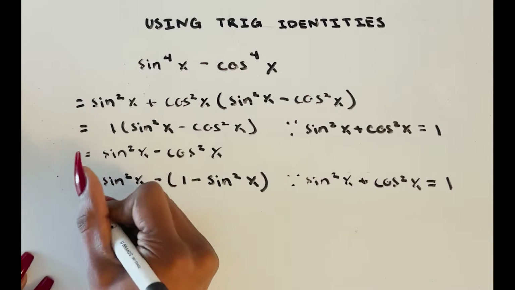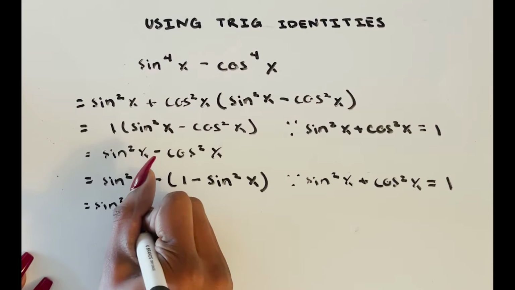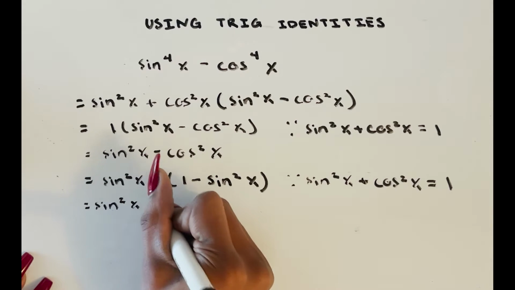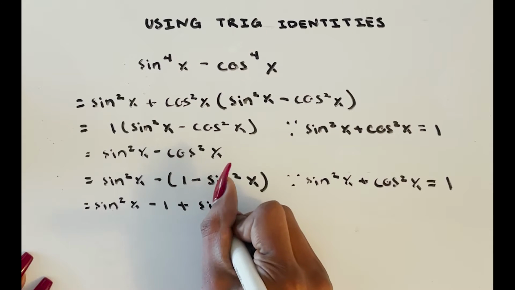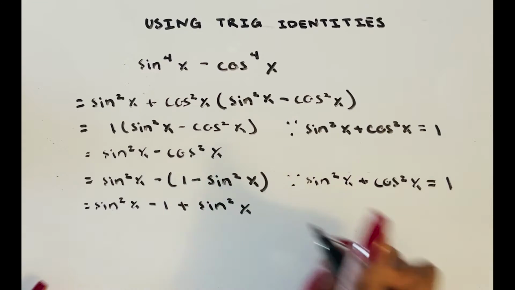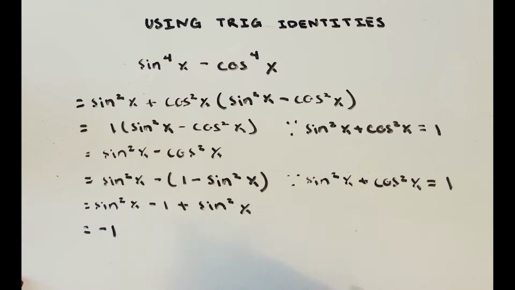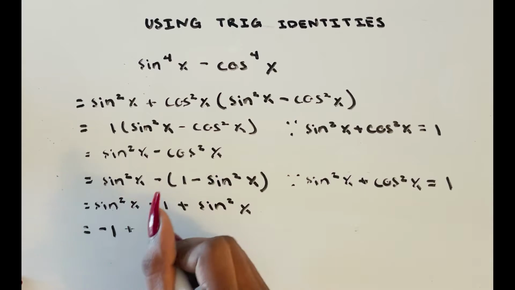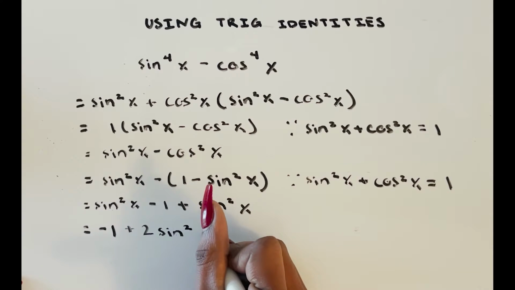Now let's get rid of the parentheses and rewrite this as sine squared of x minus 1 plus sine squared of x. Here we see we have a -1, and we have sine squared of x plus sine squared of x, giving us 2 sine squared of x.